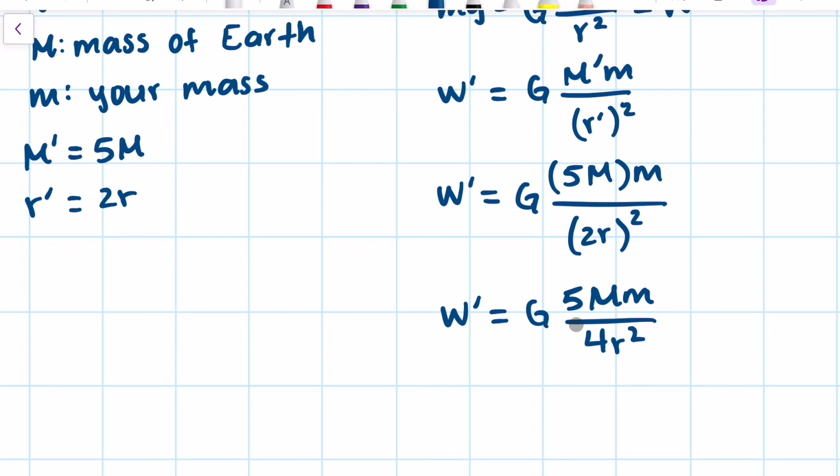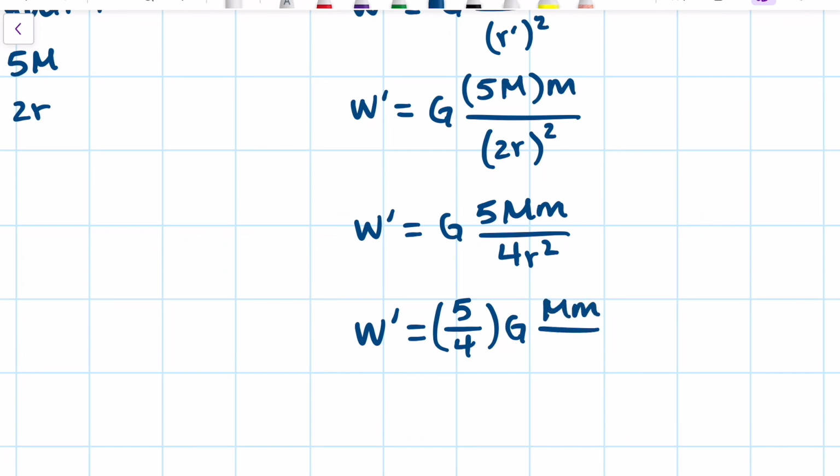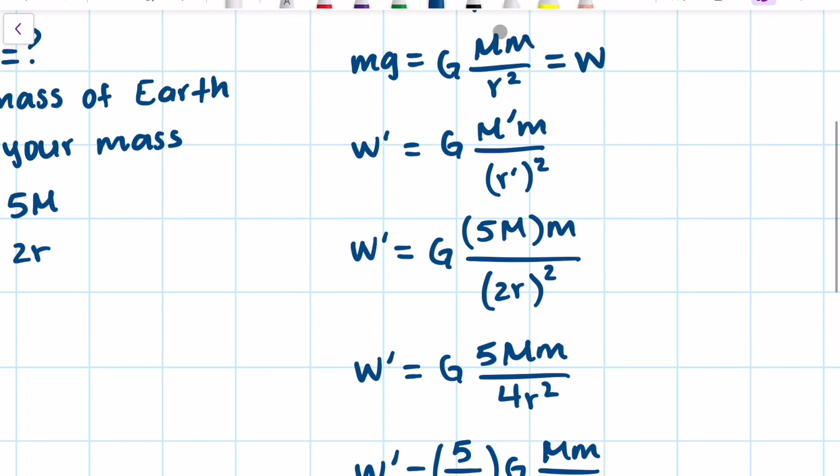I'm going to move this fraction, the 5/4, in front, and you'll see why. So then, weight prime is equal to 5/4 times the constant, capital M times lowercase m, divided by r squared. Notice how this is the original law of universal gravitation.